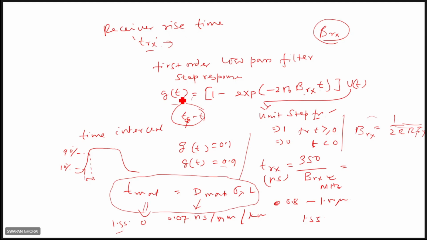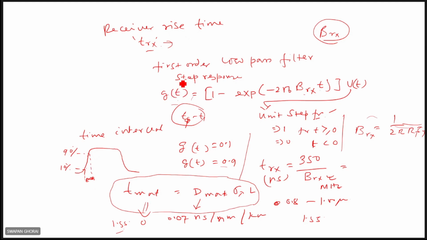And the rise time, if you have a step input, is the 10% to 90% time. It is the time difference between the 10% and 90% points. That is the receiver rise time.